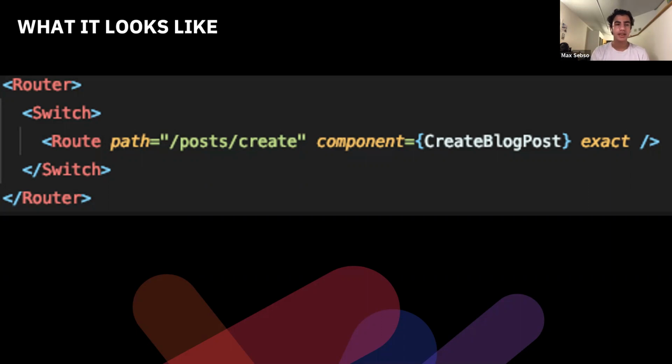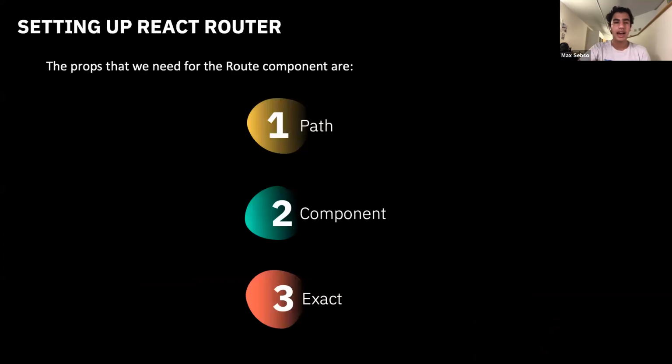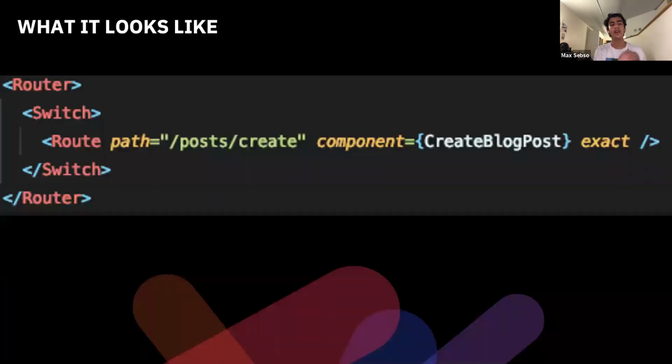Finally, the last component is route, which just specifies a route. And as I said before, we have these three props that we need to include: path, component, and exact. The path prop is the URL location of the route. If you were to run this locally on localhost port 3000 and just type that in, you would go to whatever is just slash.